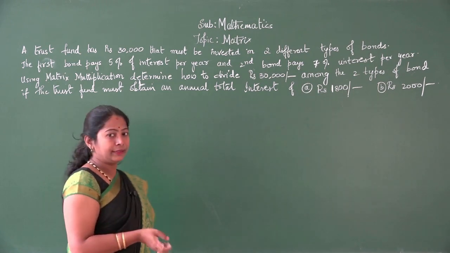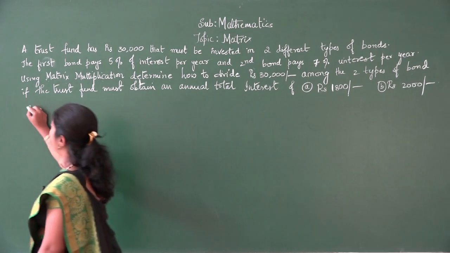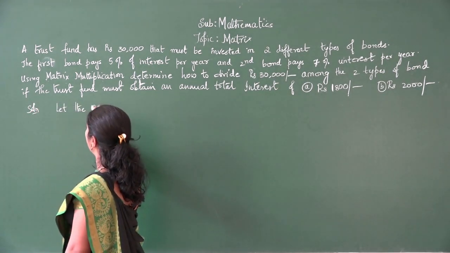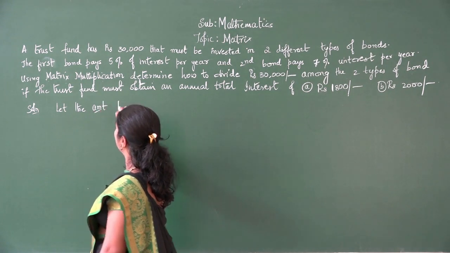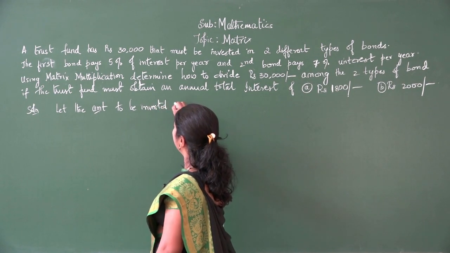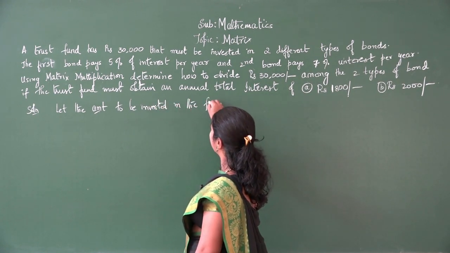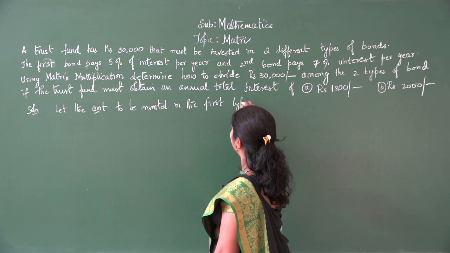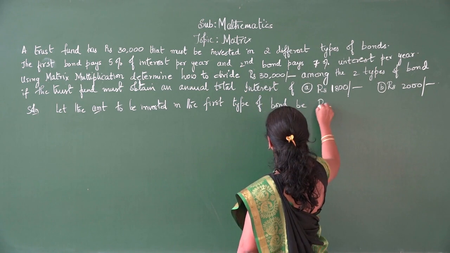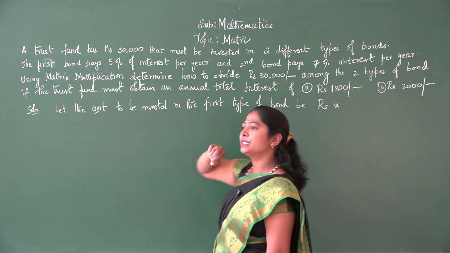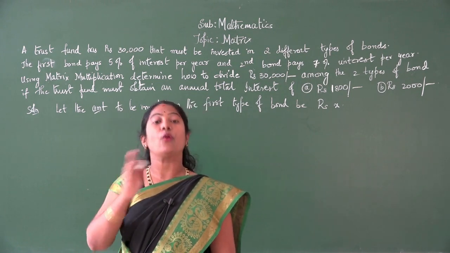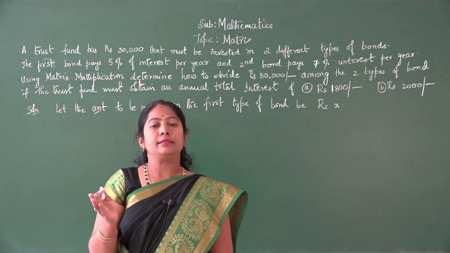So, solving part, we have the solution part. Let the amount to be invested in the first type of bond be rupees X. Why do we consider it as rupees X? We just cannot divide 30,000 into 15-15 or 20-10 or 10-20.